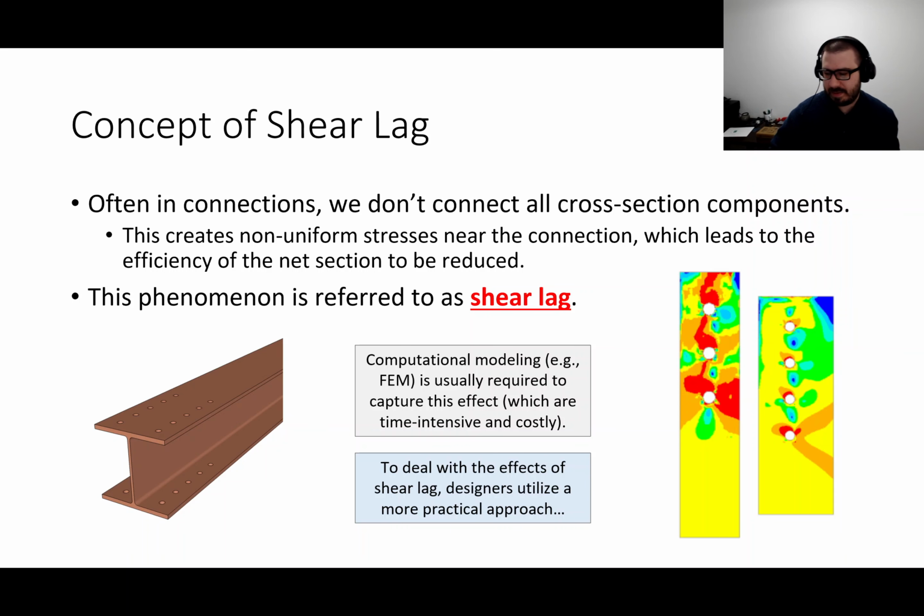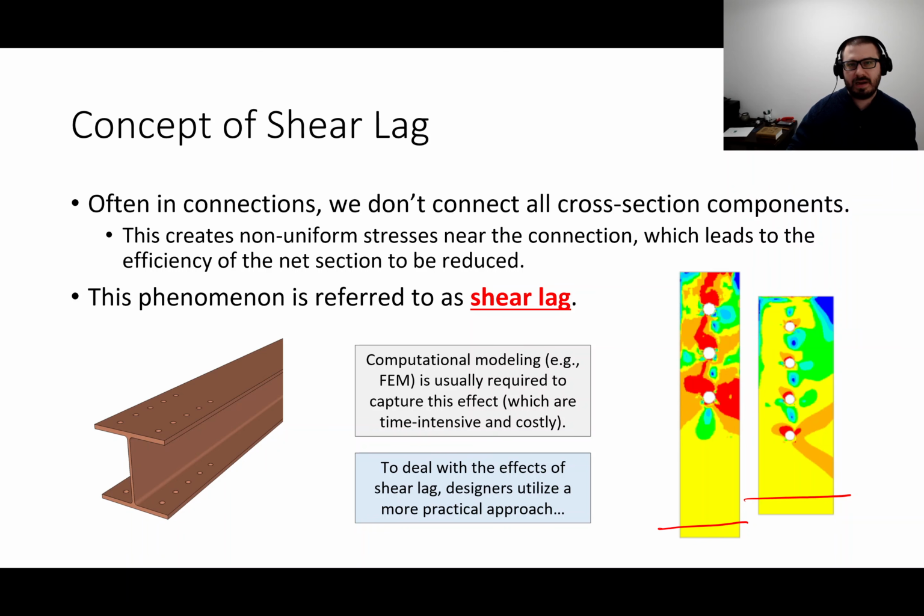This is the result of a finite element analysis looking at connection eccentricity, or this phenomenon called shear lag. And I'll get to why we call it shear lag in a second. But if you look at the gross section, the main body of the member, the stresses are very uniform. What we're looking at here is the variation of stresses in the member as we yank on it.